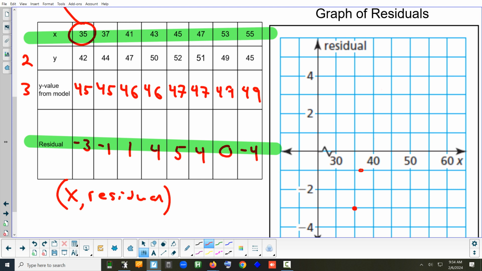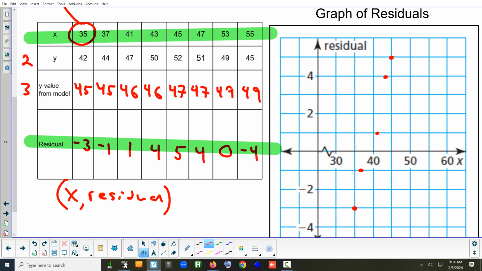Next, 41, 1. That value was off by 1. That's what we're graphing: how far off was it? Next, 43, 4. That one's way up. The next one is 45, 5.